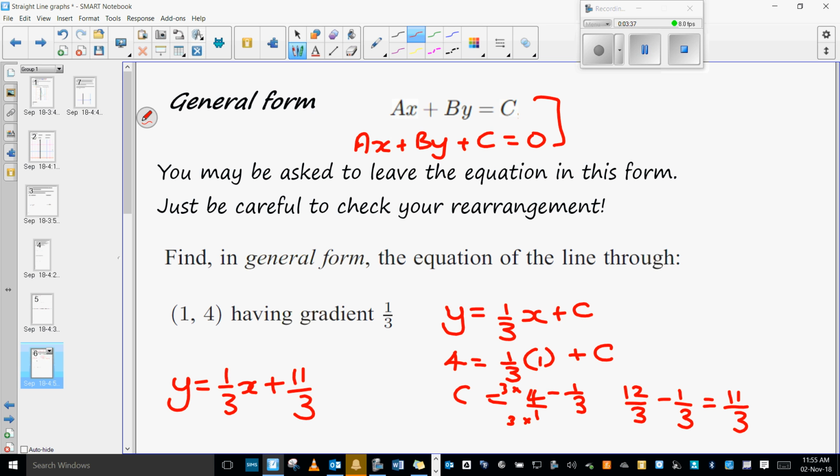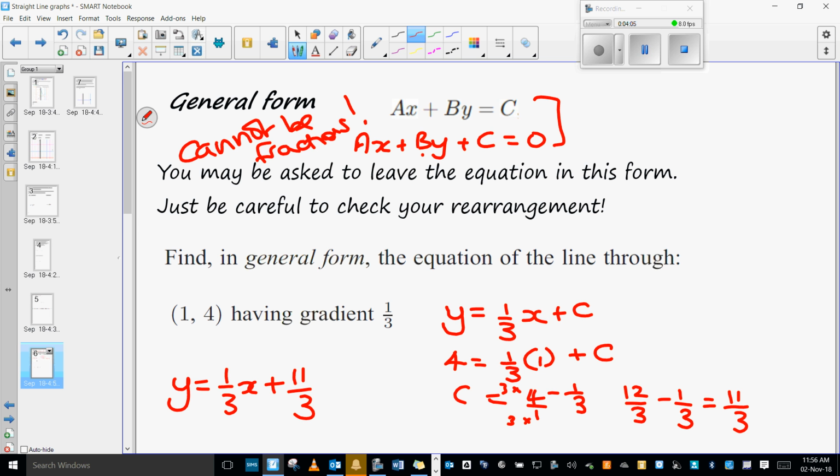Either they want everything to one side, or they're going to have your x and your y equal to the constant value. Either way, a, b and c cannot be fractions.